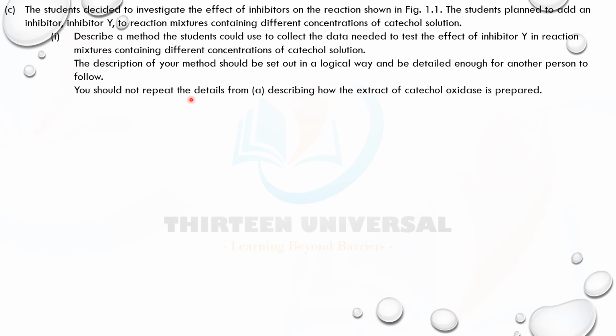You should not repeat details from part A, describing how the extract of catechol oxidase is prepared. So we don't need to work on how catechol oxidase is prepared, grinding up banana with sand and water and then filtering. It's not necessary. So pause this video and try to describe it. Write a descriptive essay of this experiment.